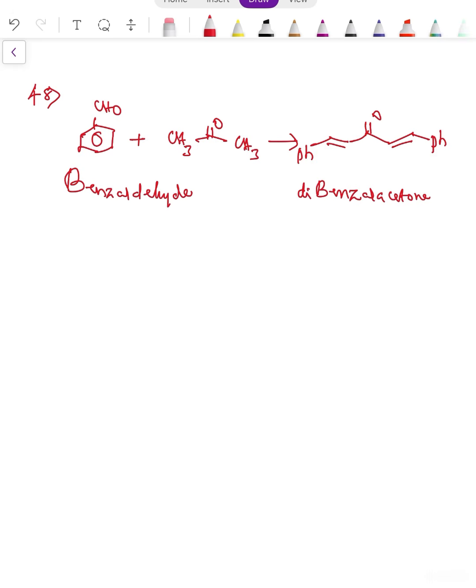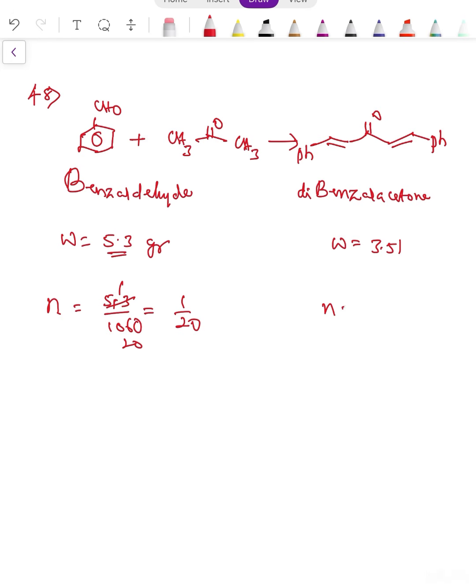So in this, what is the weight of benzaldehyde given? 5.3 grams. And the weight of the product is also given, 3.51 grams. Then we can calculate the number of moles from this. Number of moles equals 5.3 by the molecular mass of benzaldehyde, 106, which equals 1 by 20 moles.